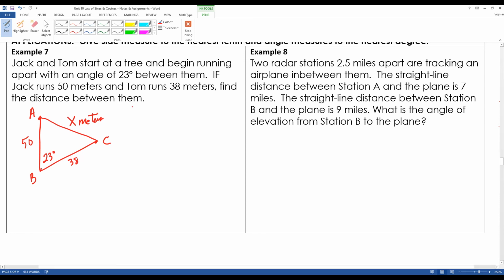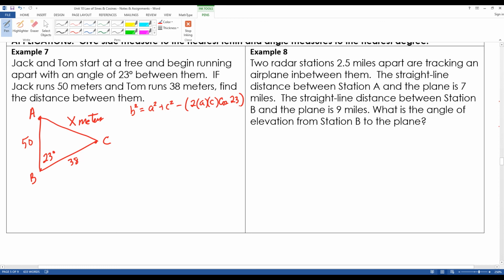B squared would equal A squared plus C squared minus 2 times A times C times the cosine of 23. Now we have the angle, so we're just going to find the side.